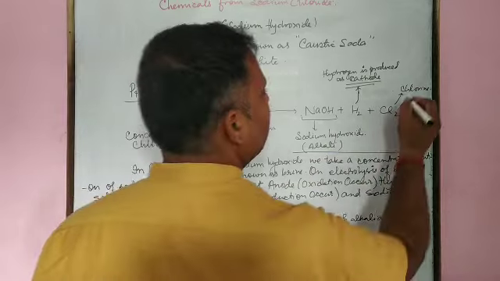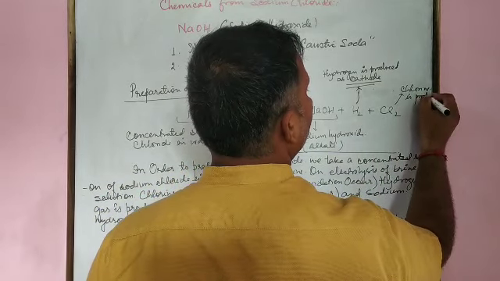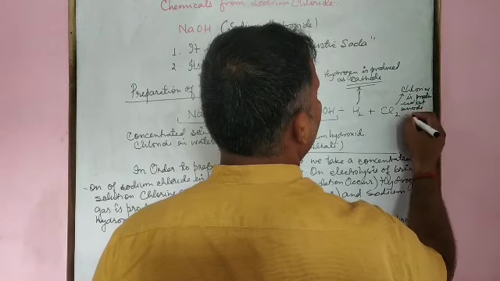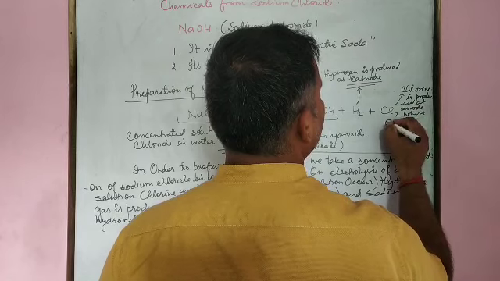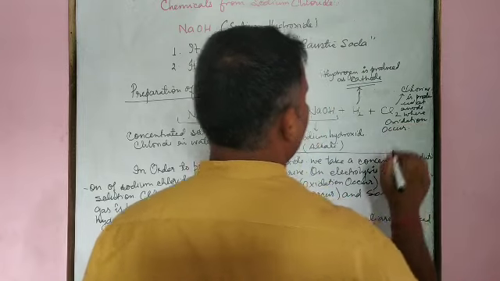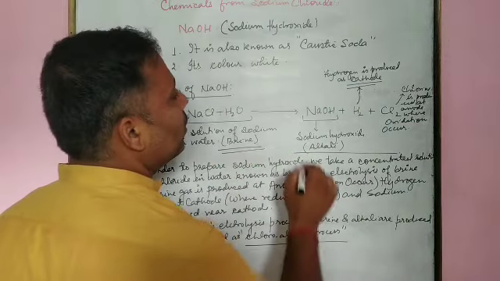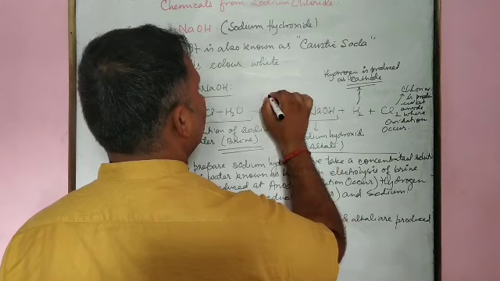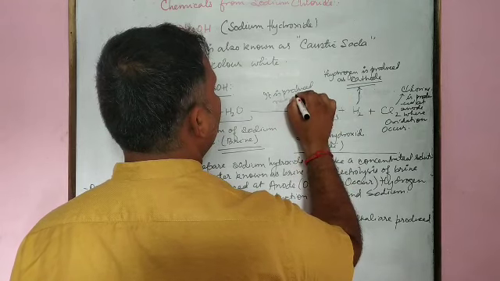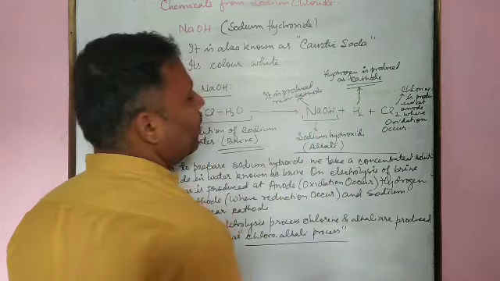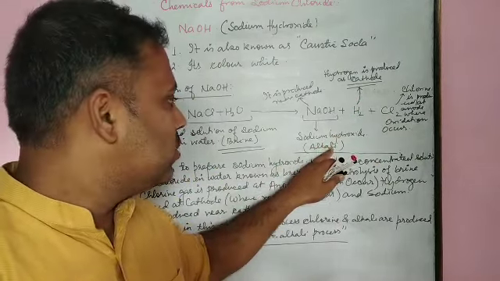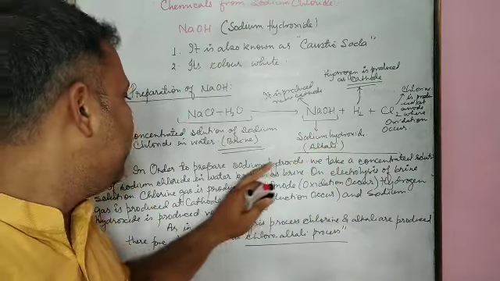And chlorine is produced at the anode, where oxidation occurs. Whereas sodium hydroxide is produced near the cathode. In this process, chlorine and alkali are produced, therefore it is termed as chloroalkali process.